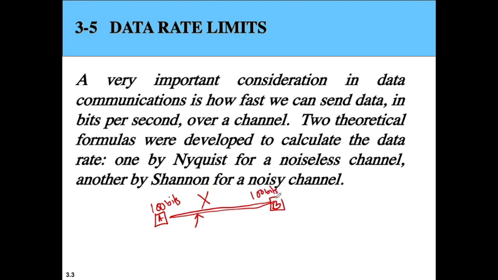However, in a noisy channel, B will not receive all the 100 bits that were actually sent by device A, because there will be some noise added to the received bits. This is the primary definition of a noiseless and noisy channel. It's pretty straightforward; you can tell which channel we are talking about by the name. Noiseless means without any noise, and noisy means there will be some noise to some extent.